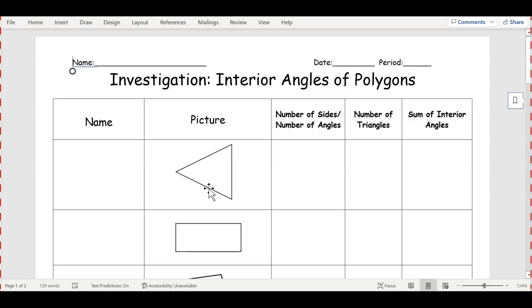Again, the more you interact with me, the faster this goes. Okay, so very first figure, what is that thing?